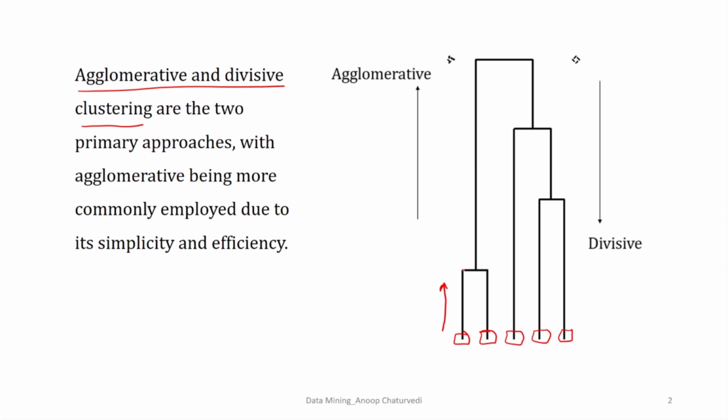Here we are going to merge these two clusters or these two observations actually, and then at this stage we merge these two observations and so on, and ultimately we reach a position where all the observations or all the clusters are merged in a single cluster.